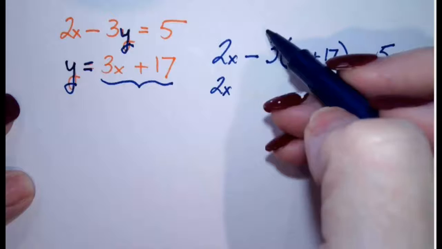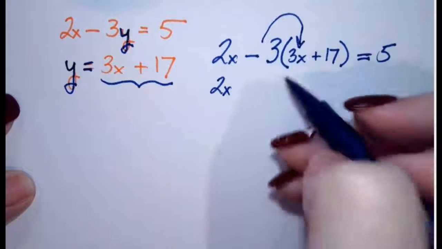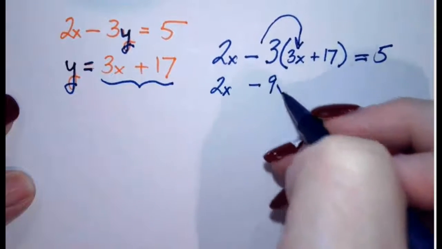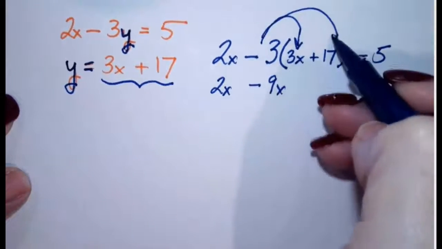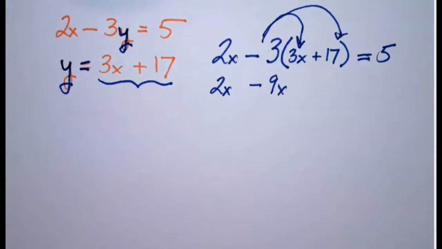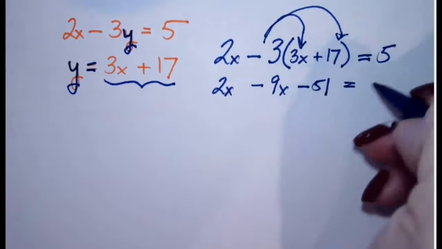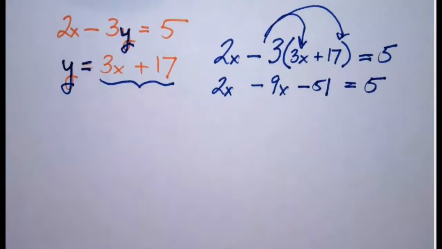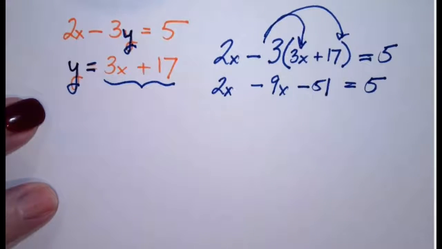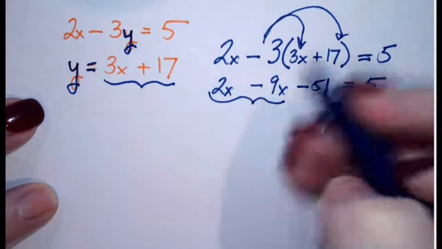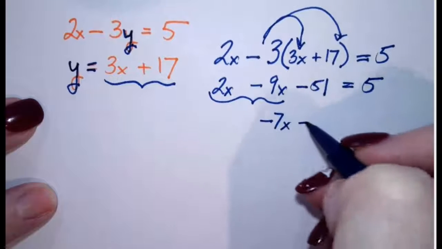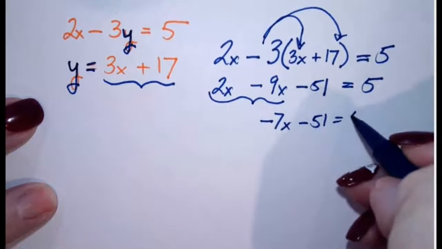2x minus 3 times 3x, that's minus 9x, minus 3 times 17, I want to make sure. -3 times 17, yep, -51 is equal to 5. All right. I'm going to join these two together. They're x's, so that's -7x minus 51 equals 5.